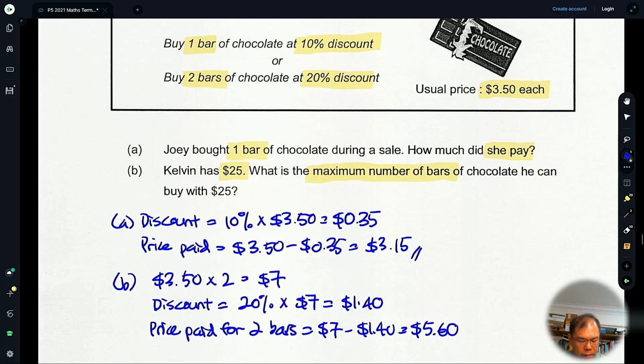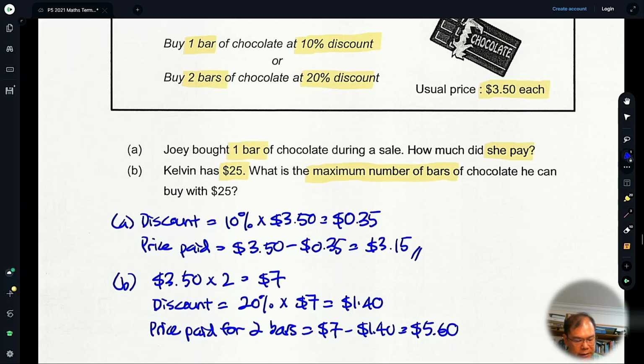Okay, so you realize that buying 1 bar is $3.15, but 2 bars is $5.60, which is less than even twice the price you pay for 1 bar of chocolate at a discount, right?